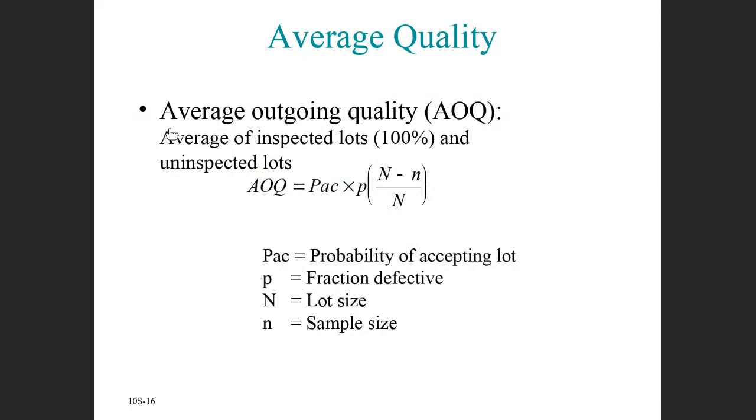The average outgoing quality can be calculated using the probability of accepting a lot that we have seen in the operating curve, times the fraction of defectives or the probability of defectives, times the lot size minus the sample size, divided over the lot size again. We will see an example of how these can be calculated and demonstrated in the curve, and talk about the terms in more explanation in the second part.